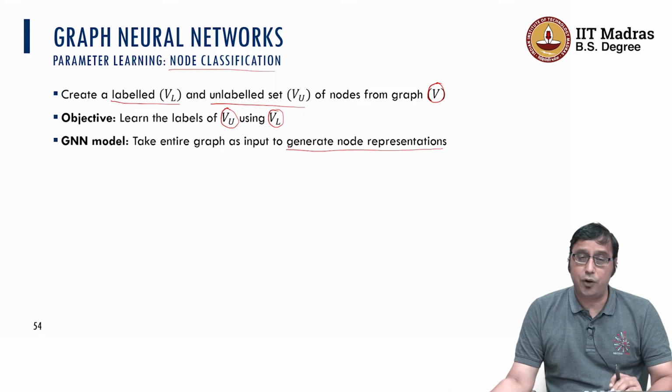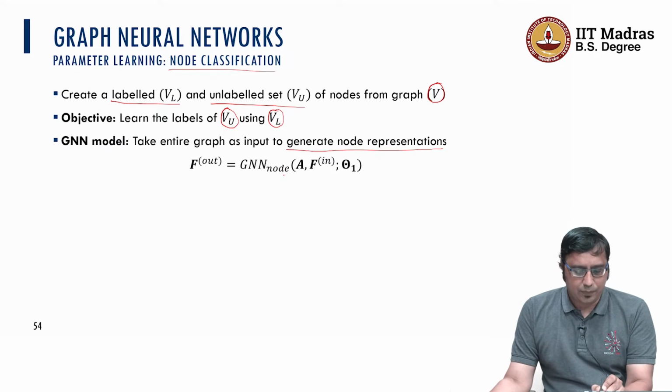If you recall, for a node classification problem, we have to generate a feature vector corresponding to each node and then use the label information to develop a classifier so that for unknown label nodes, we can actually get labels using those classifiers. So let's look at the complete procedure.